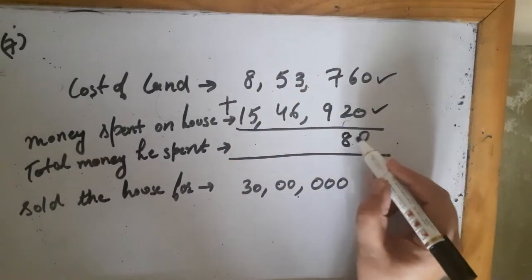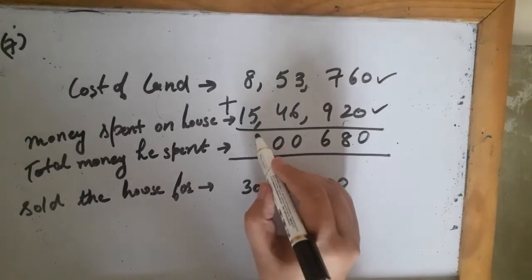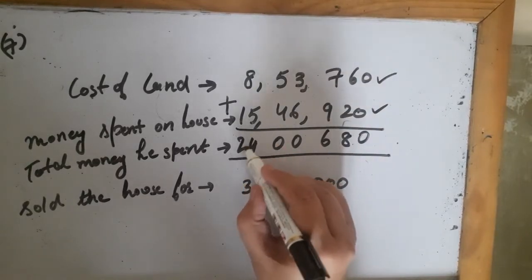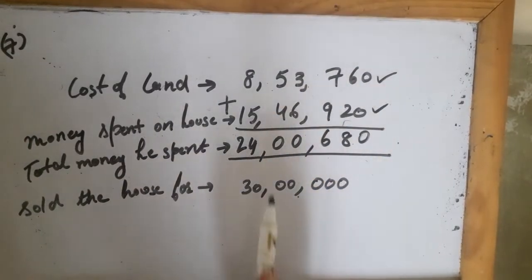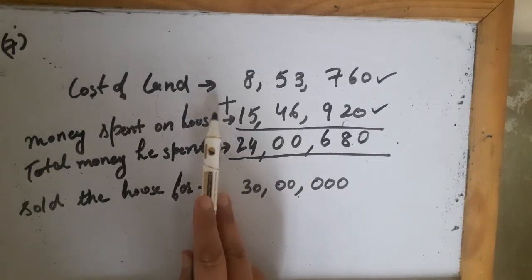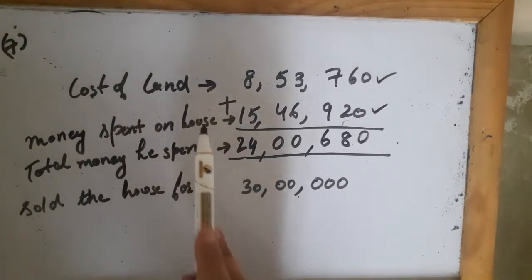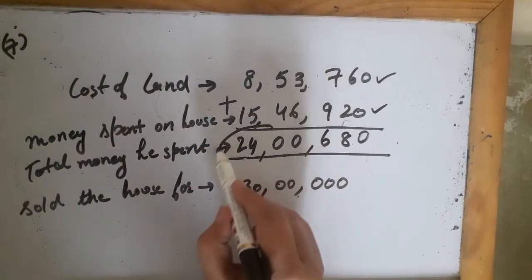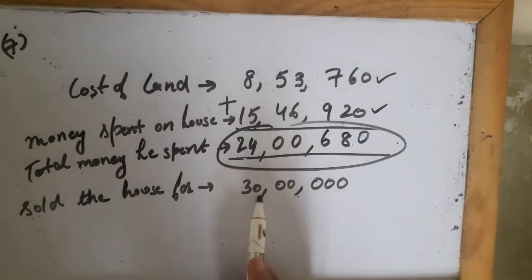So when you add, you will get 24,00680. So 24 lakhs. So around 24 lakhs he spent on first buying the land and then building a house on that. So this is the total money that he has spent, and then he sold the house for 30 lakhs.